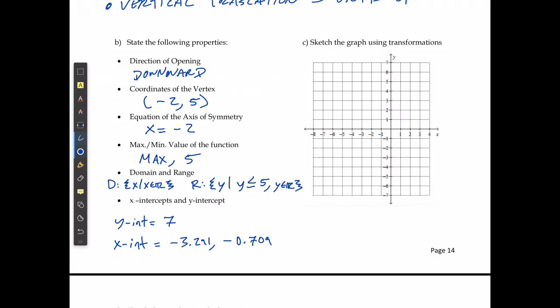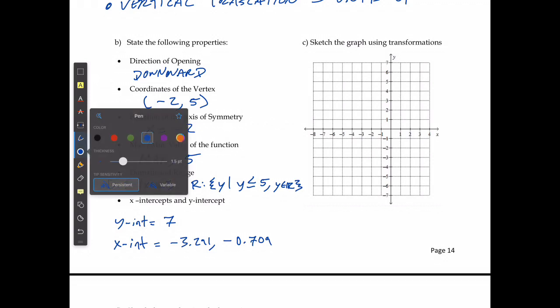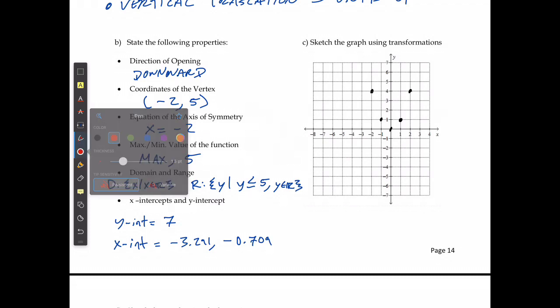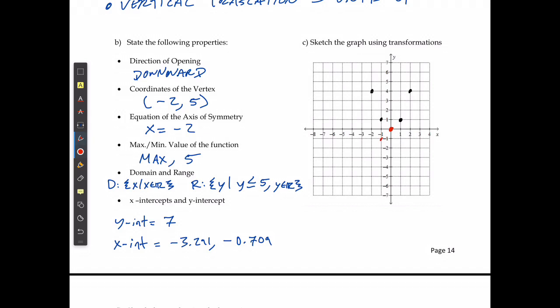And if I'm using the transformations in order to graph this, then I'm going to take my original points, 0, 0, 1, 1, 2, 4, or negative 1, 1, negative 2, and 4. And then I'm going to reflect it, make the y points negative. I'm going to stretch it, so I'm going to triple the y values.